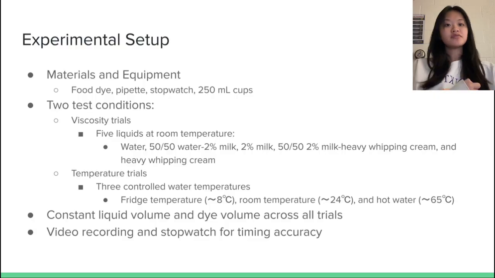For viscosity, we used a range from water to heavy cream mixtures, all at room temperature. And for temperature, we used only water at fridge temp, room temp, and hot water to isolate temperature as the only variable. So each cup was filled to the same height, and we added exactly 500 microliters of dye to the center. We recorded every trial with a stopwatch so we could clearly see how diffusion changed across conditions.